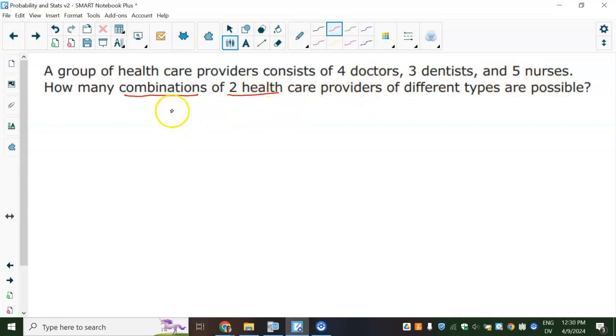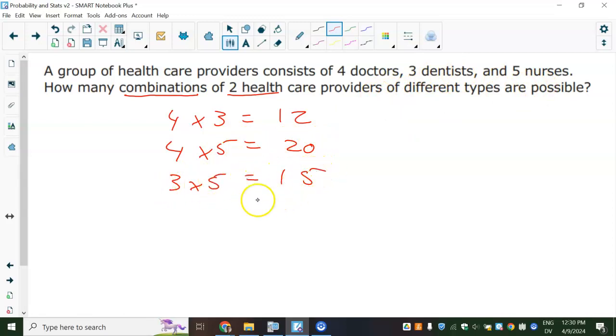So if you did a doctor and a dentist, it would be 12 possibilities because you have 4 doctors times 3 dentists. If you did a doctor and a nurse, you do 4 times 5. And if you did a dentist and a nurse, it would be 3 times 5. So how many different combinations of 2 of them are there? You have to add up all of these.